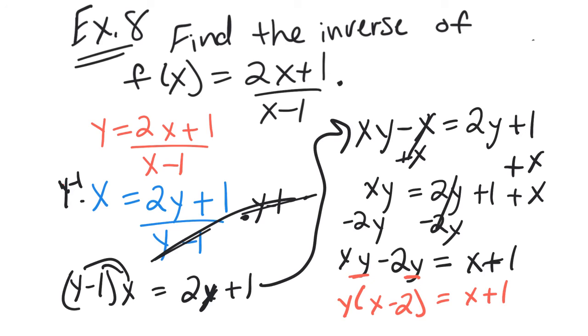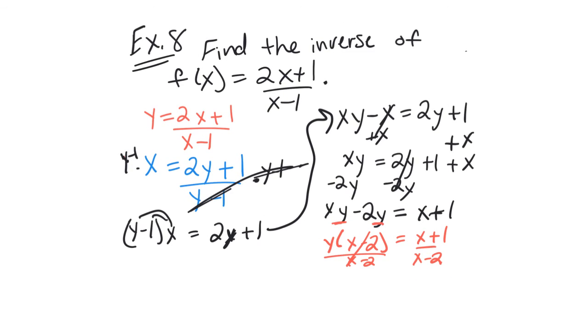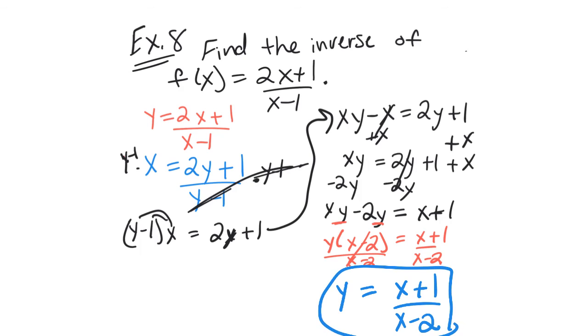We're going to divide both sides by x minus 2. So on the left side, we only have y left over. On the right side, we have x plus 1 over x minus 2. So this is our inverse function.